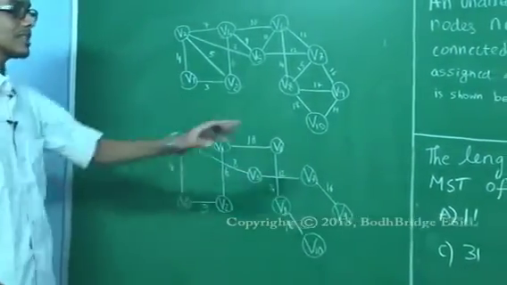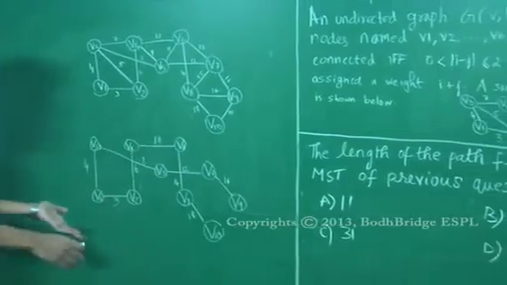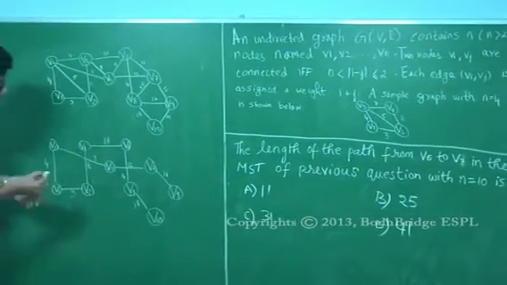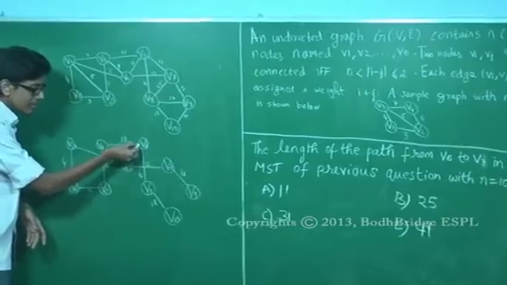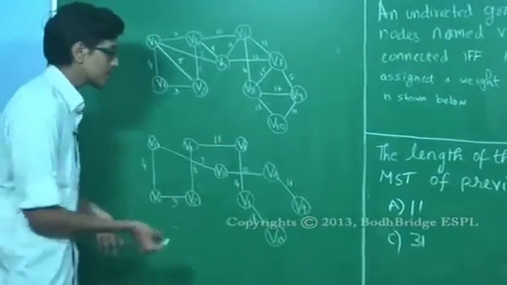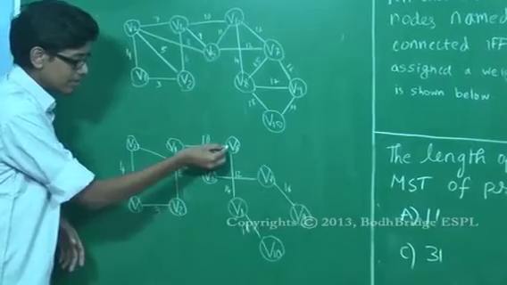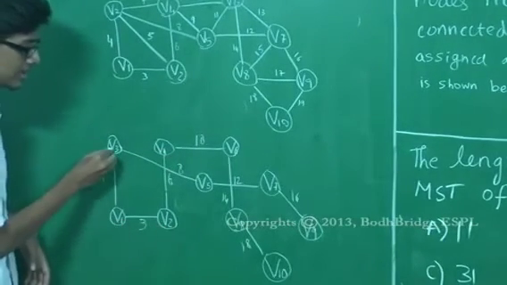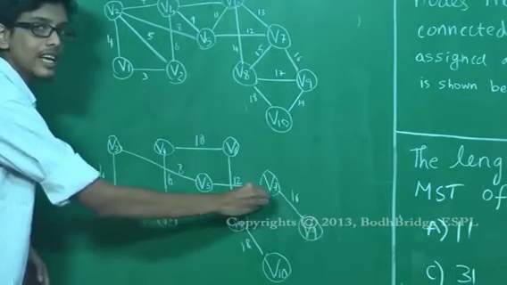The question is, what is the length of the path from V6 to V7 in this minimum spanning tree? So we start from V6. Since it's a tree, there is only one path between any two nodes. So we start from V6, V6 to V4, to V2, to V1, to V3, to V5 and to V7. That is the path.